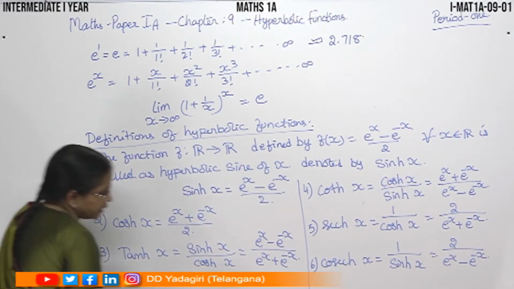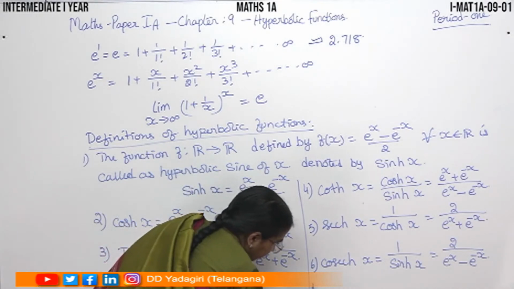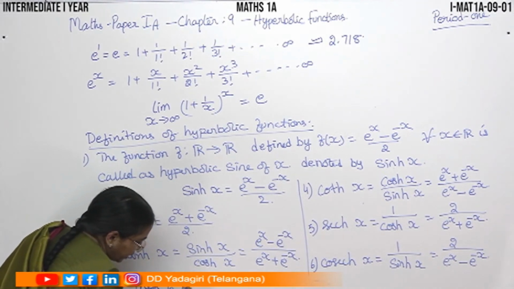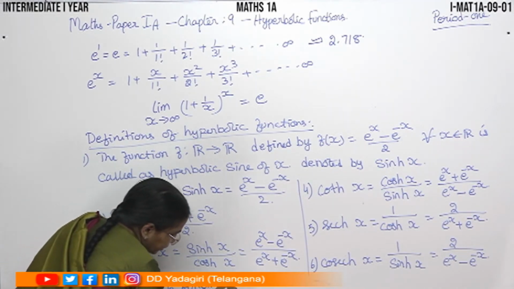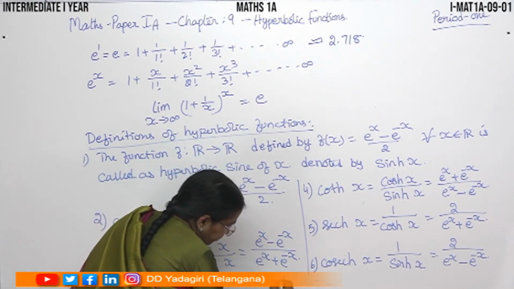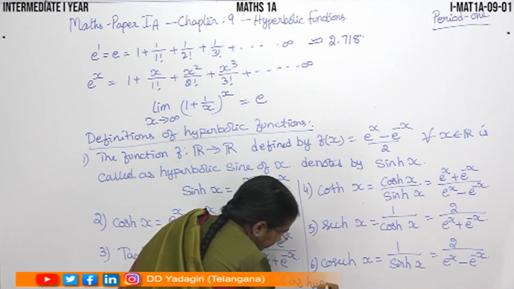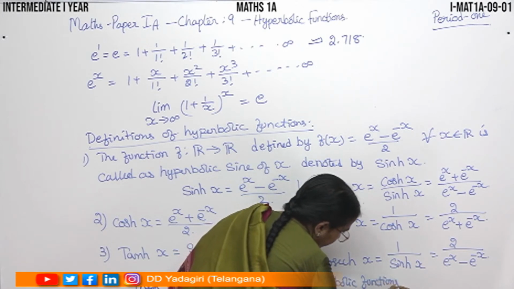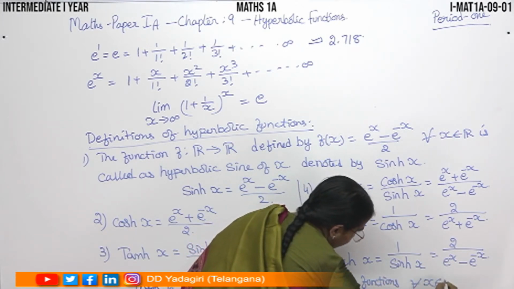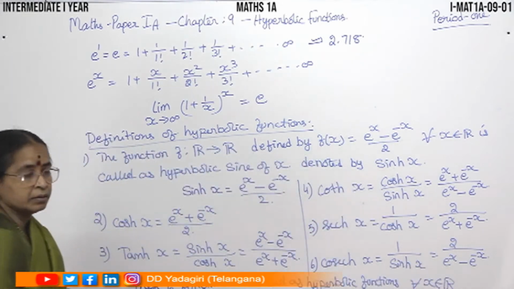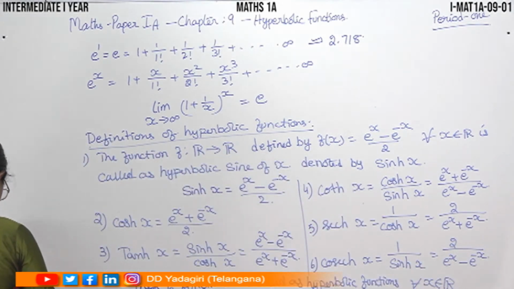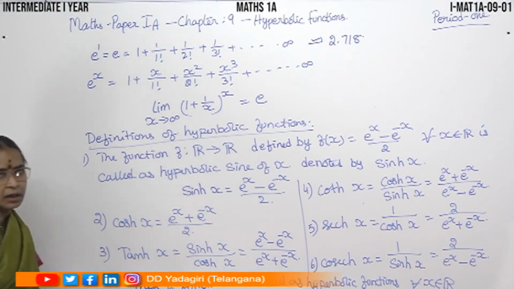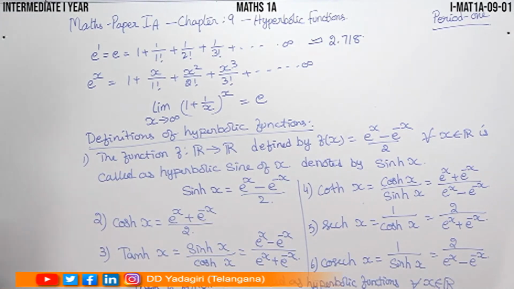These 6 functions are called hyperbolic functions, where x belongs to R. Next, we'll draw the graphs of these functions.